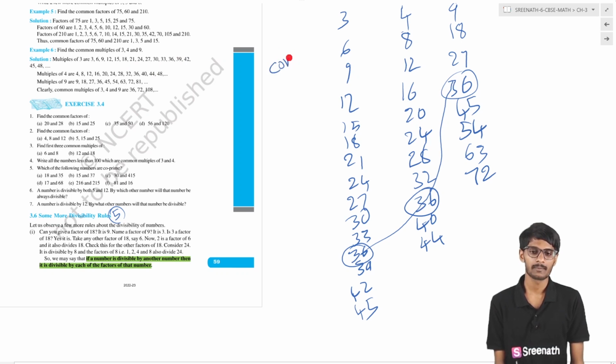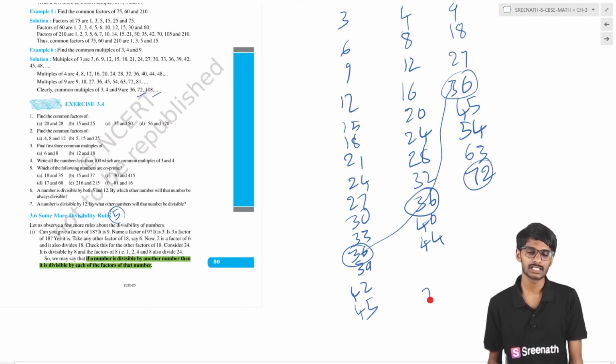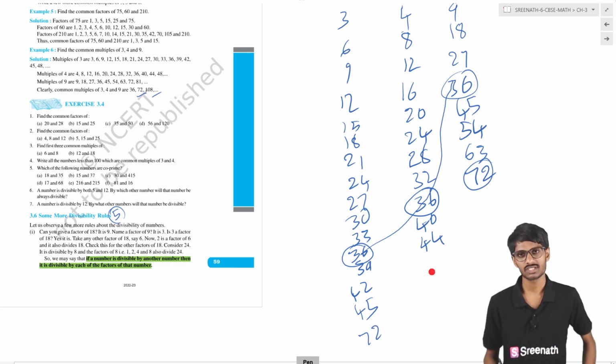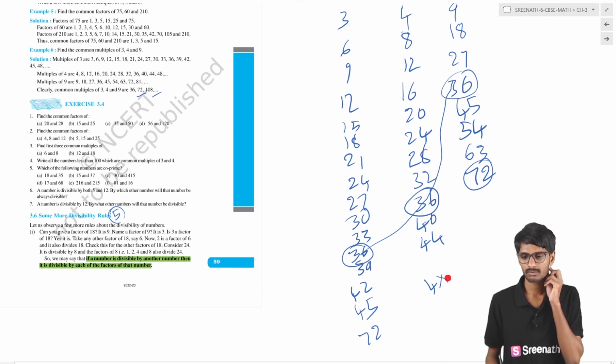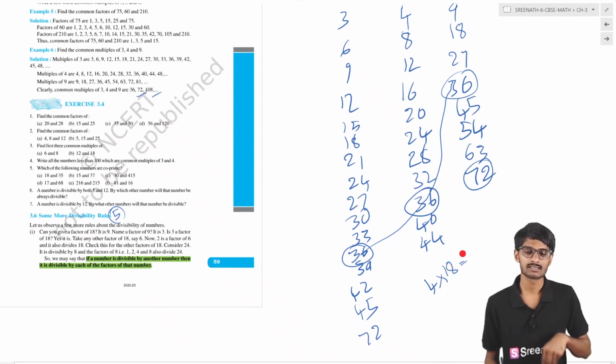So 36 is the common multiple. And if you extend further, you will also get 72 and 108. If you extend further, you will get 72 here, and extending here also you will get it. How many times will it go? 4 18s is 72.